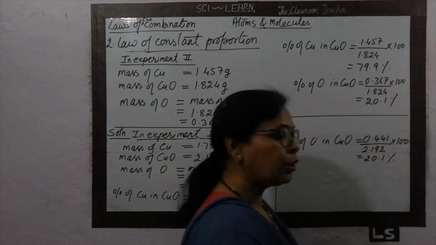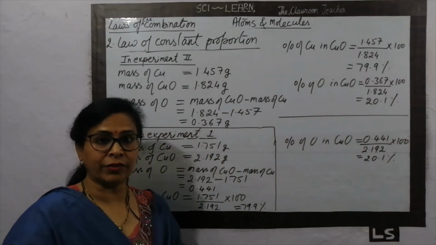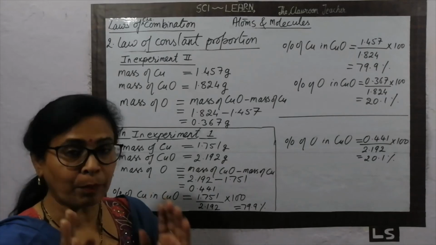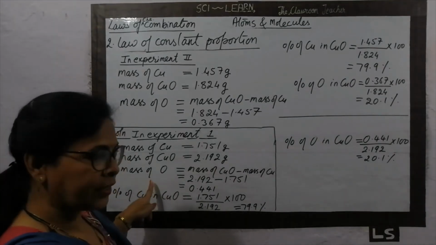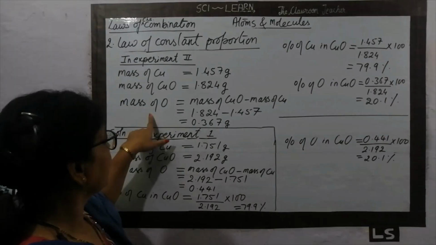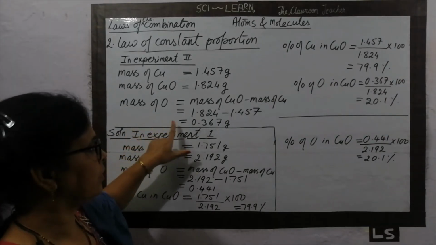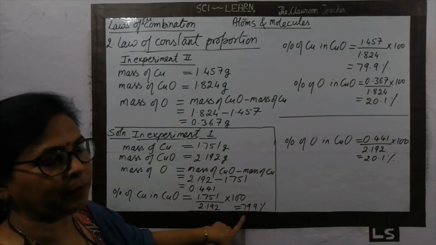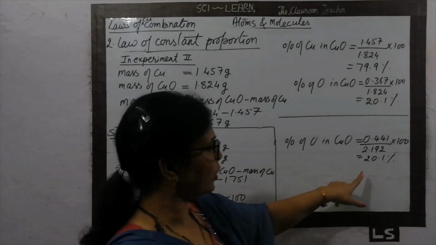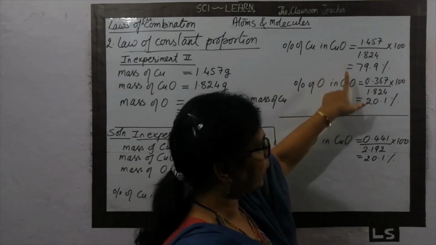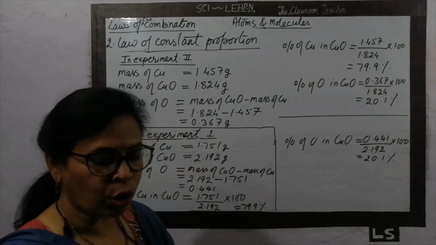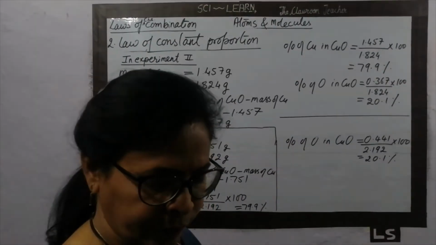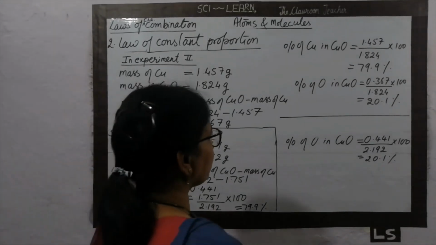So there are two different sources from where we get the copper oxide. In one condition it is by the simple reaction, and in one condition it is by reduction. But the ratio becomes the same, that is 79.9 ratio 20.1. It means this verifies the law of constant proportion. What is the conclusion?